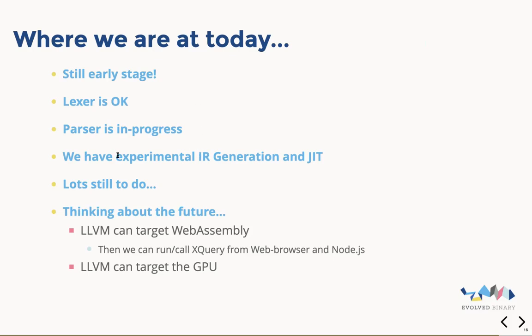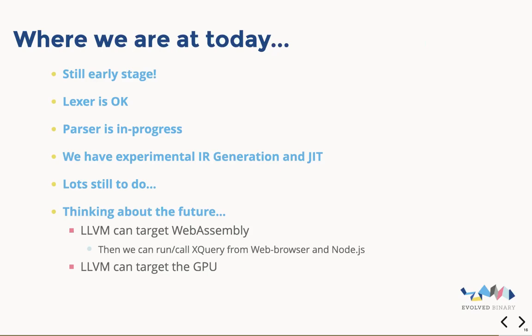From there, we have some very experimental intermediate representation generation and just-in-time compilation. So we generate the IR with the LLVM builder, and then we ask LLVM to compile it and execute it. So we still have quite a lot of work to do before we have a new XQuery engine. Of course, we have to go and re-implement the XQuery standard library, the functions and operators. But it's been very interesting.